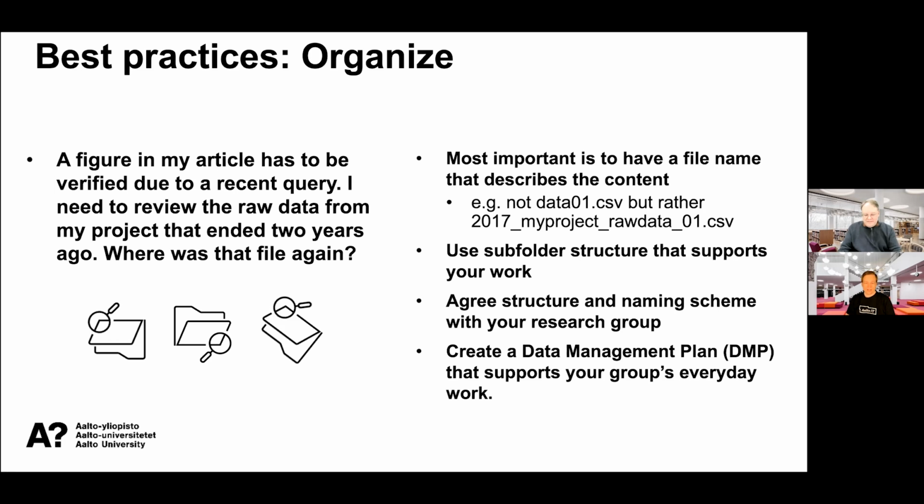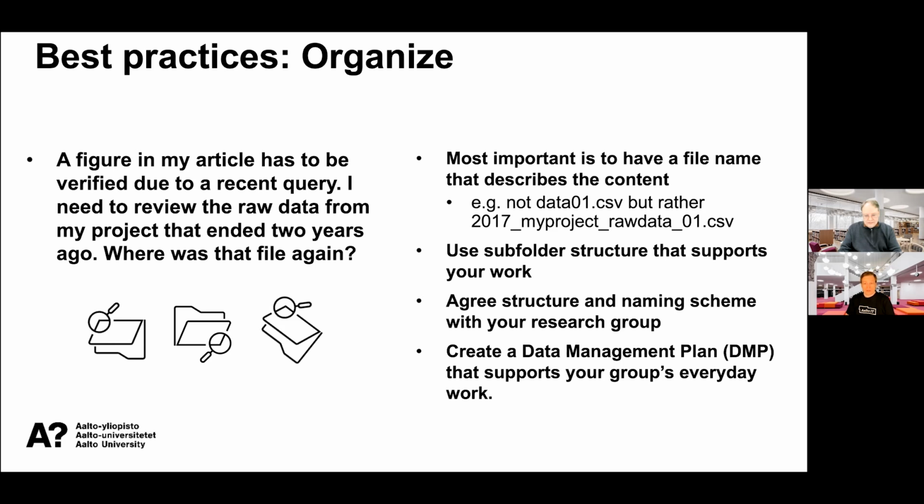Yeah, sorry to hear about that problem. Most important thing, you should have a name for the file. So what was actually the name for your raw data? Try to have a descriptive and unique name, so that you could even use a search with your laptop easily by entering the file name.